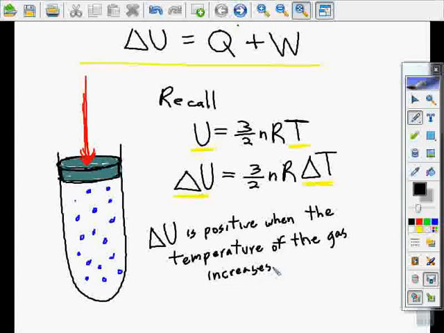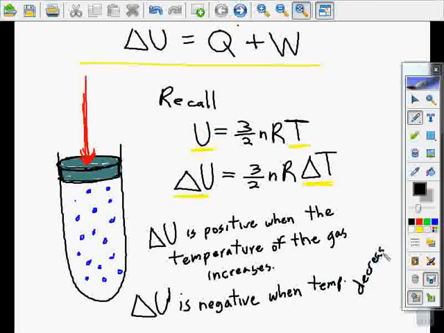And of course, delta U would be negative when temp decreases. And this all can be seen from this formula right here.